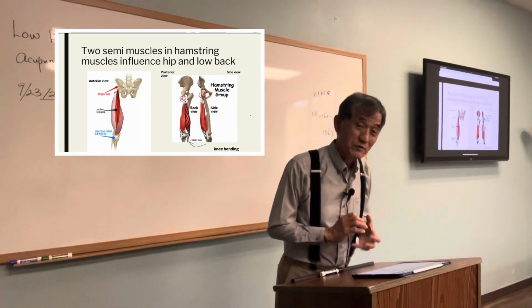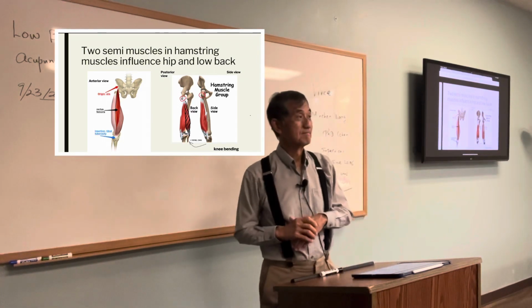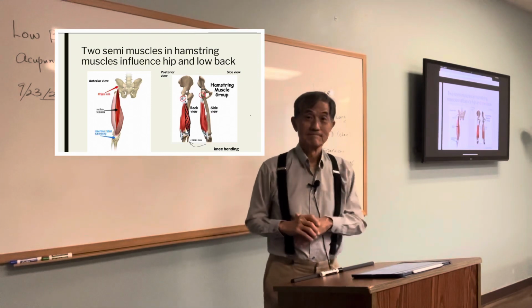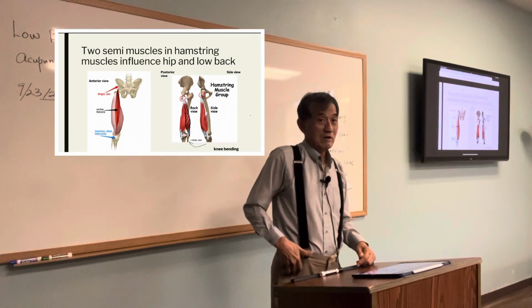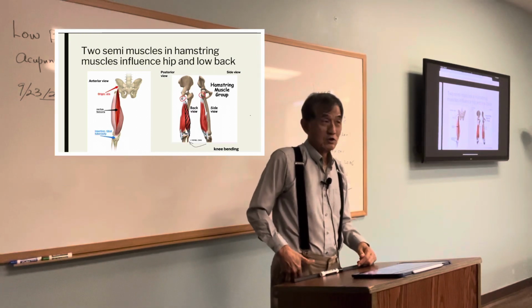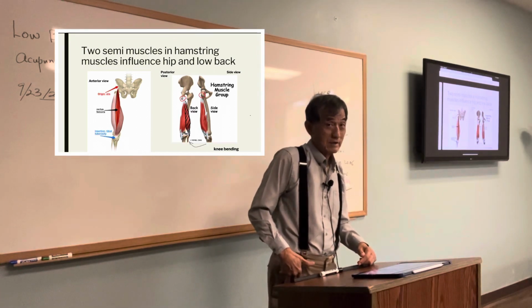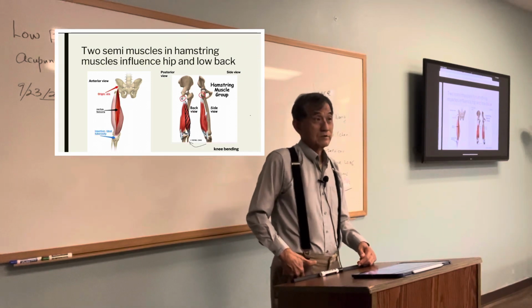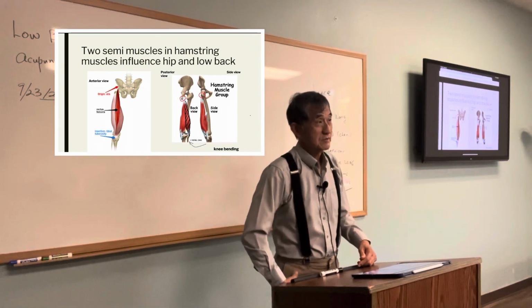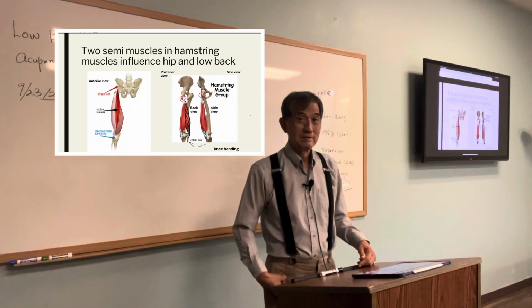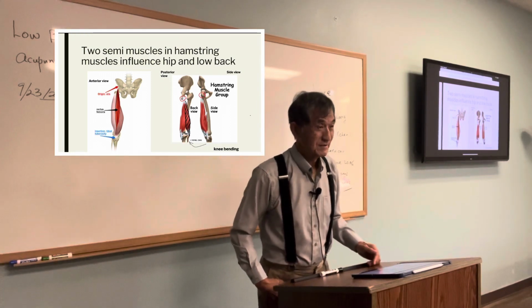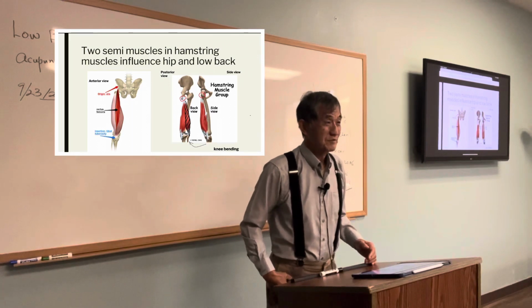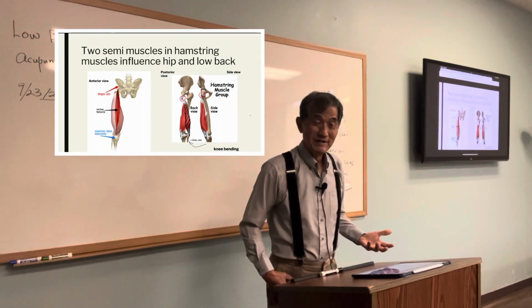Look at where it originates. It's right here, the front ridge of the pelvis. So what happens when that muscle is too tight? It pulls the hip forward. You get it like this, and then you cannot do that, right?